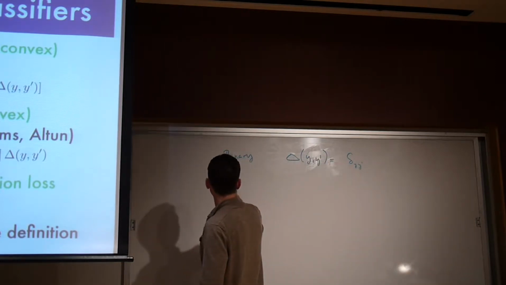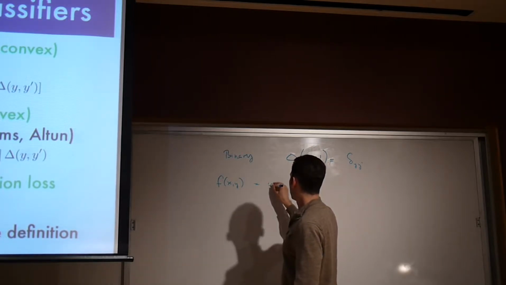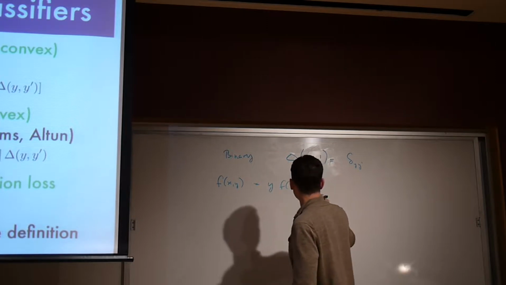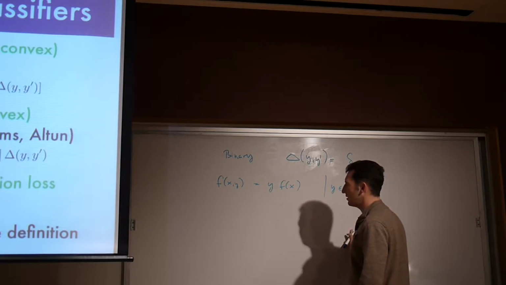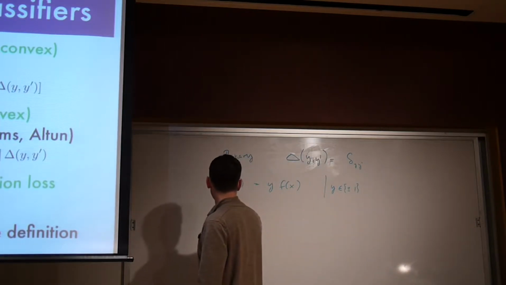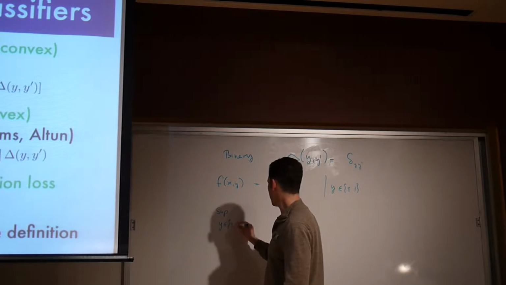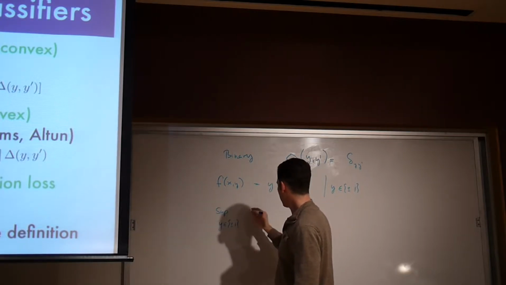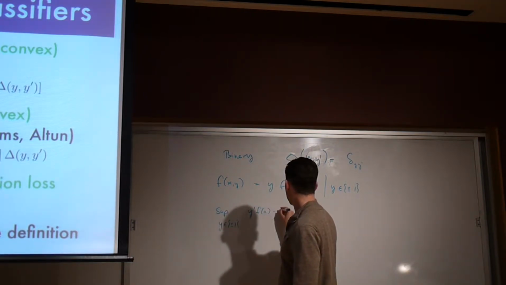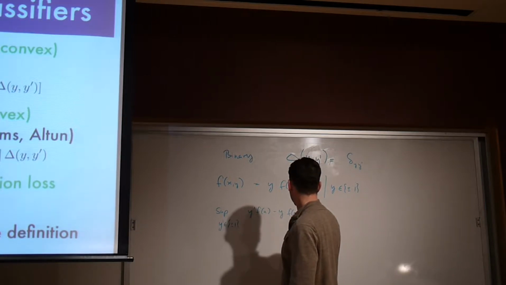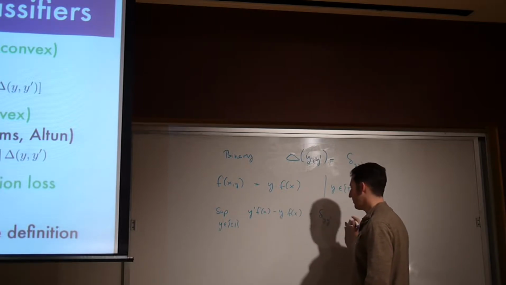Now, f of x and y, I'm just defining to be y times f of x, with the intercept plus minus 1. So in that case, the sup over all y prime in plus or minus 1 of y prime f of x minus y times f of x plus delta of y, y prime.